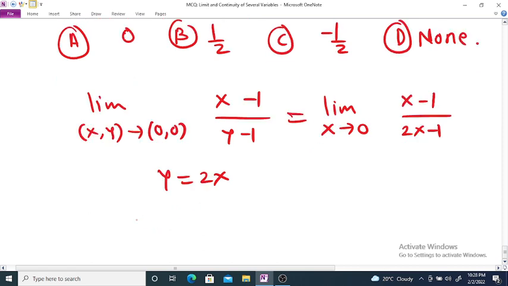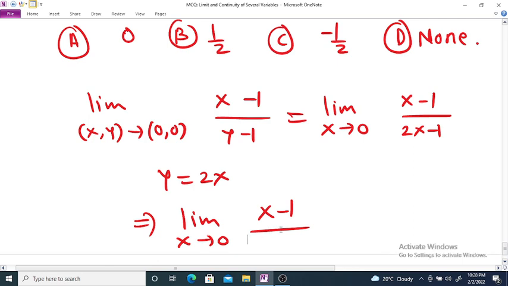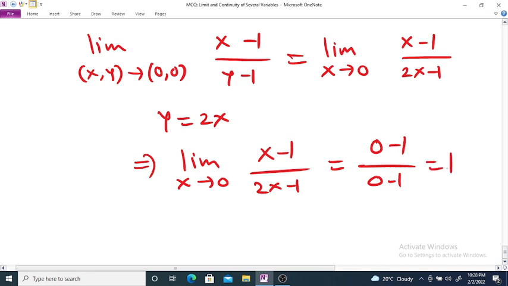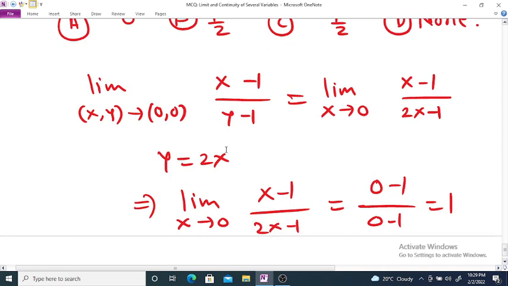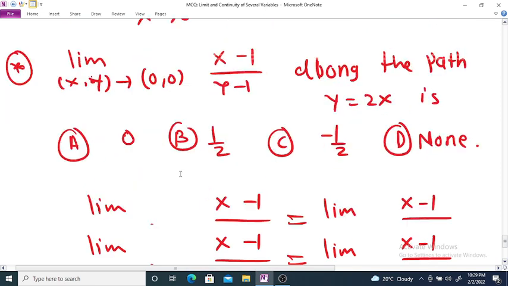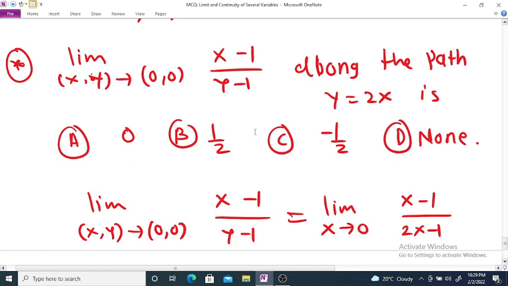So if you put x is equal to 0, this is 0 minus 1 divided by 0 minus 1, so the answer is 1. And there is no correct option here, since 1 is not given, so the answer is none of these.